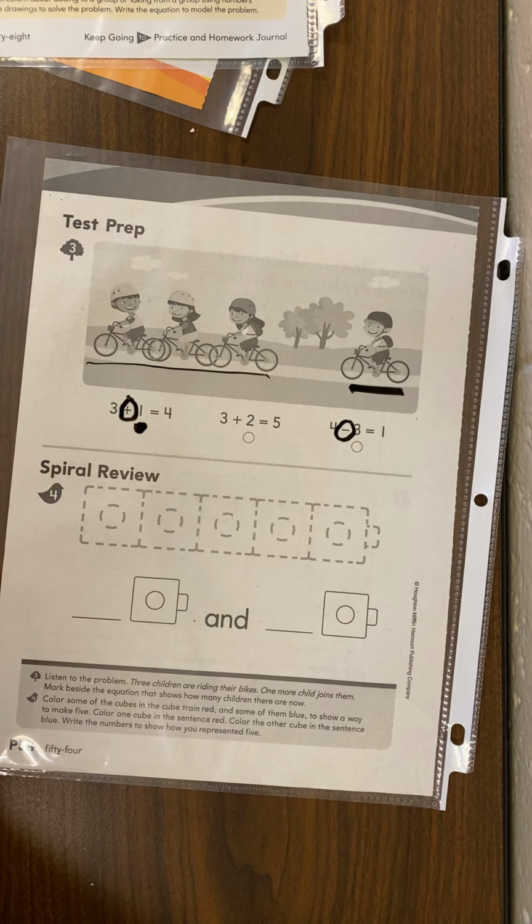Now listen to this one. Some of the cubes in the cube train are red and some are blue. To show a way to make 5, color 1 cube in the sentence red and color the other cube in the sentence blue.